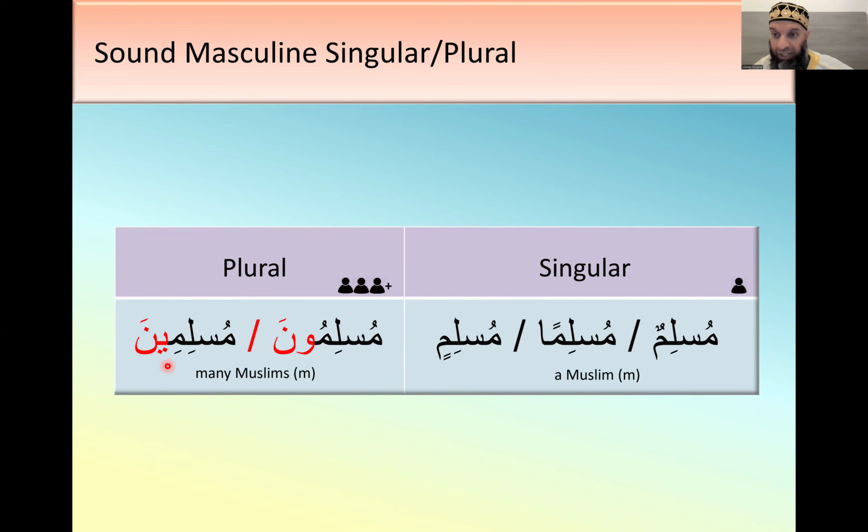Sabir means the one that is patient, and ina means the ones who are patient, plural. Right? Mu'minuna, qanitina, fantastic. Salihina, salihuna. Muttaqina, muttaquna. Muflihuna.